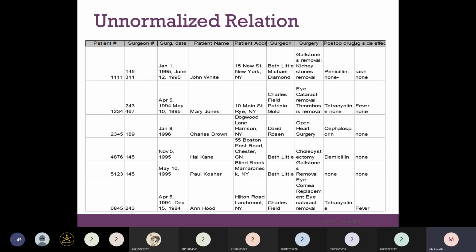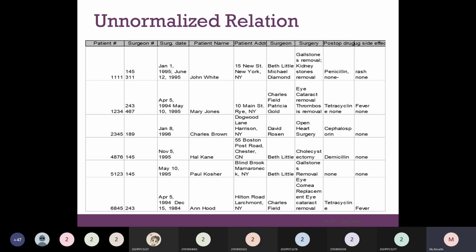The gallstone removal was handled by Beth Little, the surgeon who performed the surgery, whereas Michael Diamond is another surgeon. So there exist two surgeon entries for one particular patient. So here comes a redundancy. This is where a redundancy occurs.